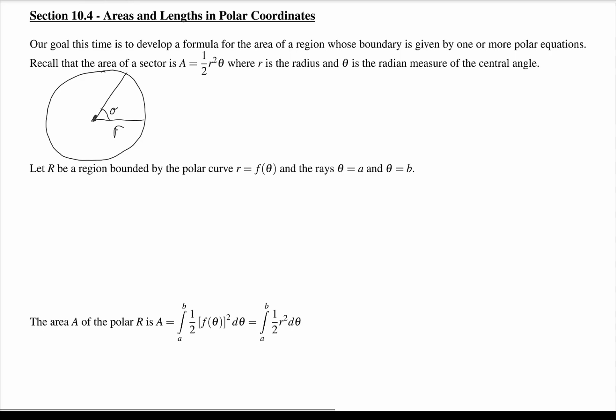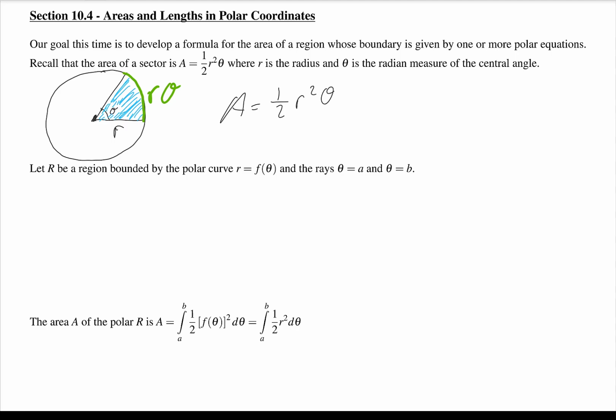The sector is going to be all of this light blue area, so this entire slice. This part right here is given to us as r theta. And so the area of this sector is going to be 1/2 r squared theta.